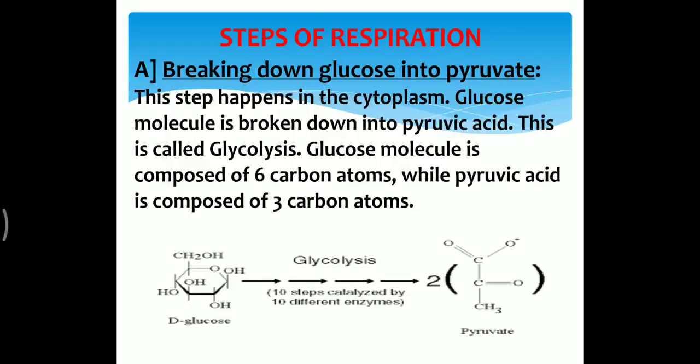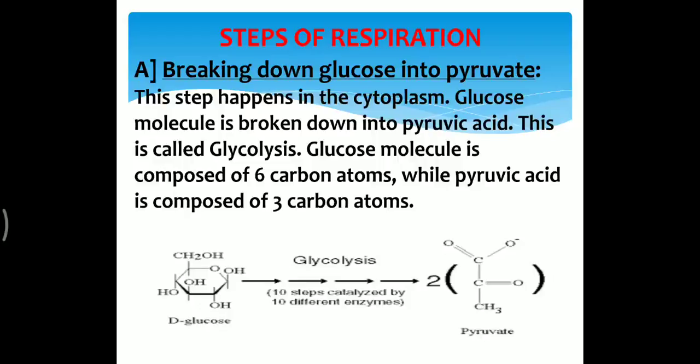In the cell, you all know there is a cytoplasm and also mitochondria. What happens? The first step happens in the cytoplasm, just anywhere inside the cell. Glucose molecule is broken down into pyruvic acid. This is called glycolysis, the breaking down of the food particles into carbon molecules.